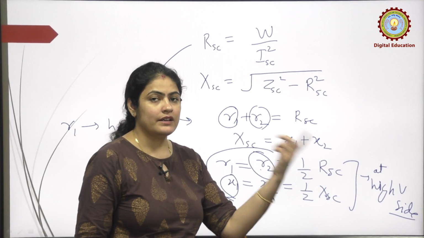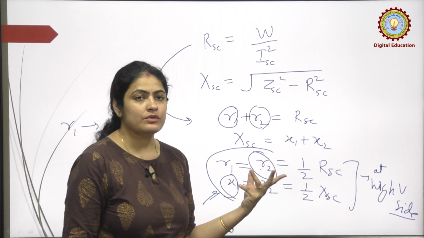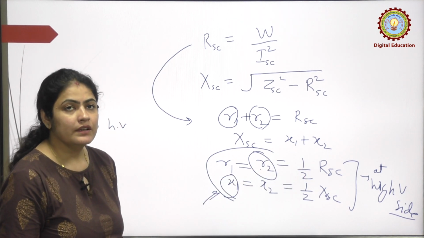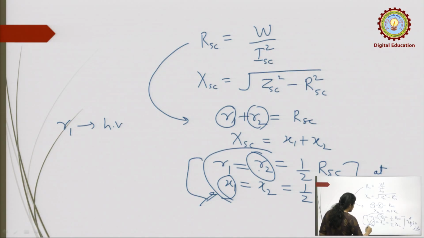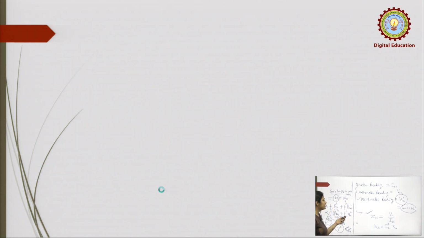If you take it at the low voltage side, you must multiply with the turn ratio, so that you will get R2 in the low voltage side. So, these parameters are always obtained at the high voltage side, because the test is performed there.